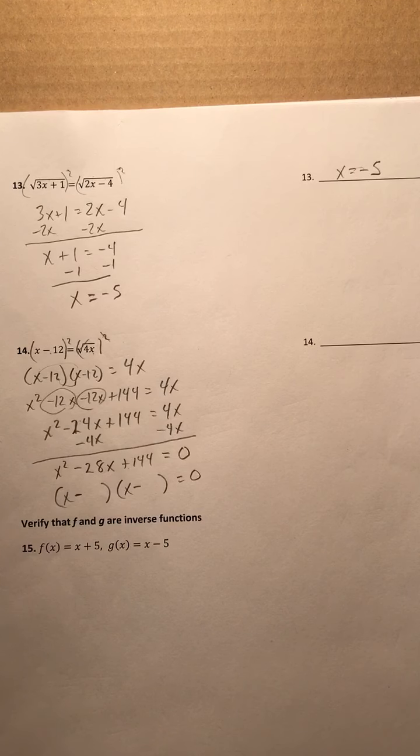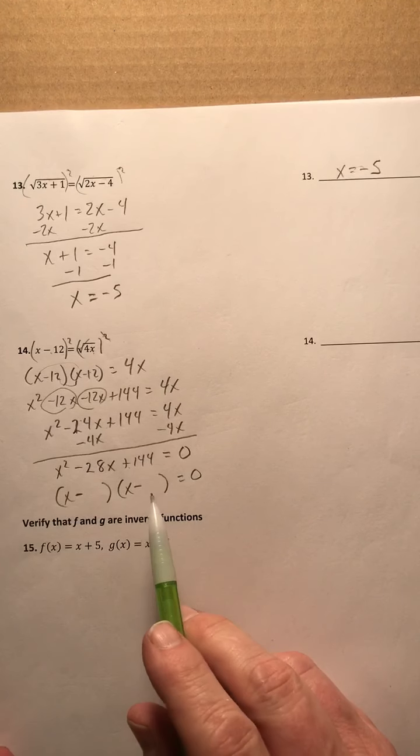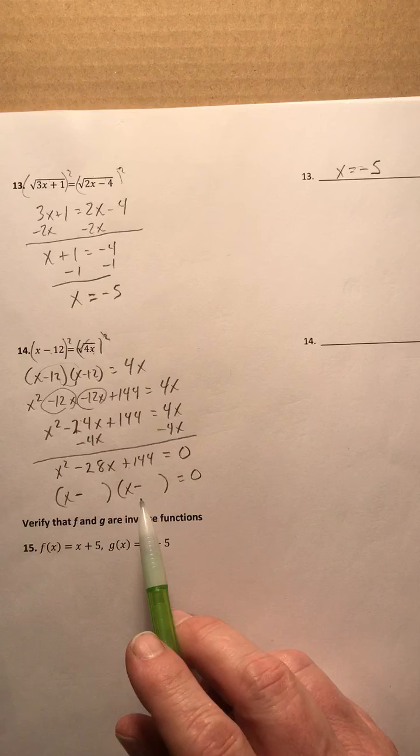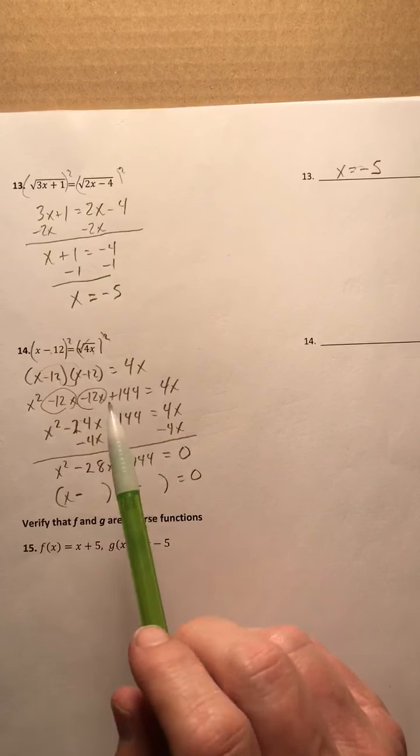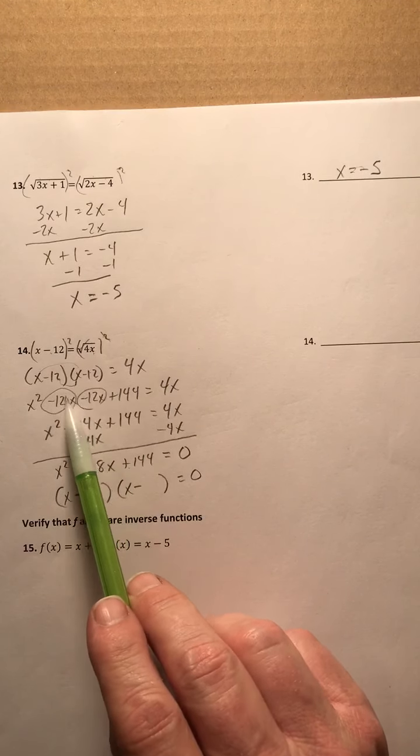All right, let's see. Well, I know it's 12 times 12, so let's see. Can't be 8 times 20. Let's see, what are my factors of 144? Make sure I got this all right.